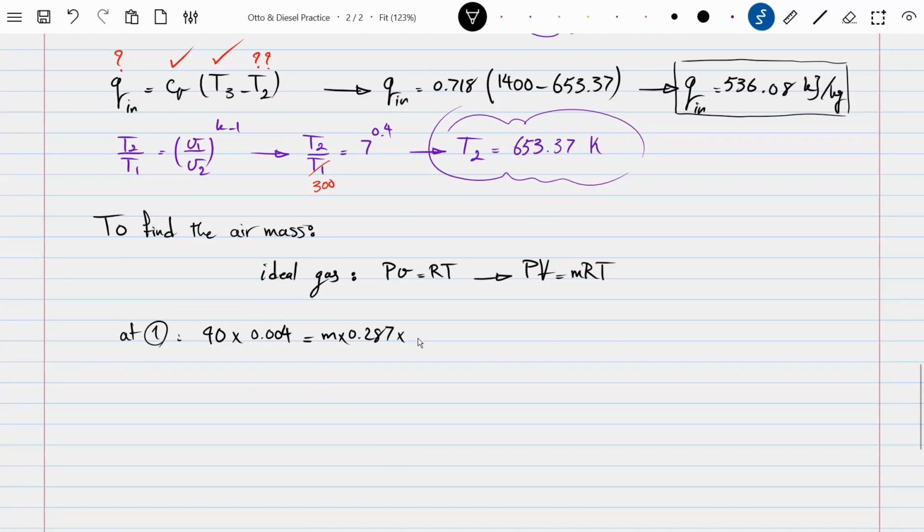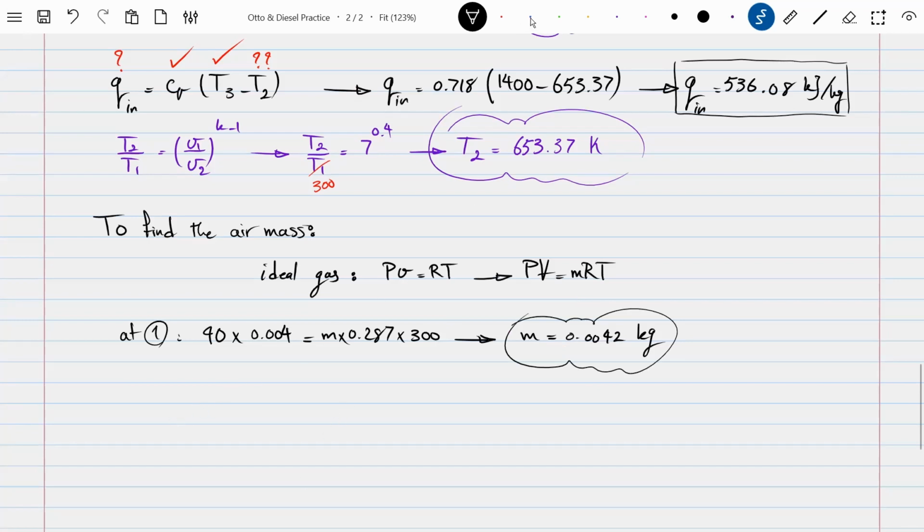And I know that the temperature T1 is 300 Kelvin. Playing with these numbers, you get that m, or the mass of air in your system, is 0.0042 kilograms. About 4 grams of air is in this cycle.